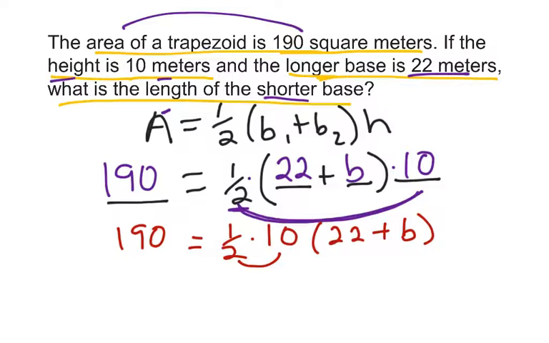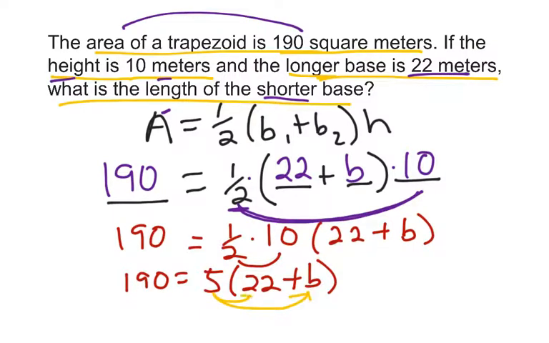Half of 10 is 5, so we have 190 equals 5 times 22 plus b. Now we can use the distributive property, multiply 5 times 22, then multiply 5 times b to get 190 equals 110 plus 5 times b.